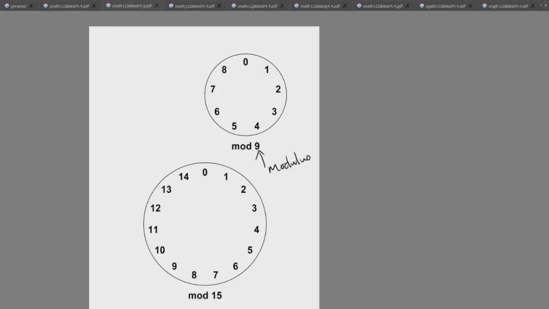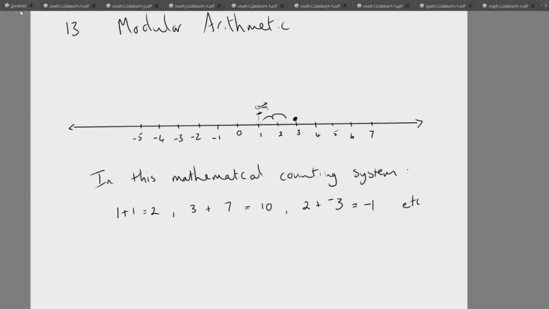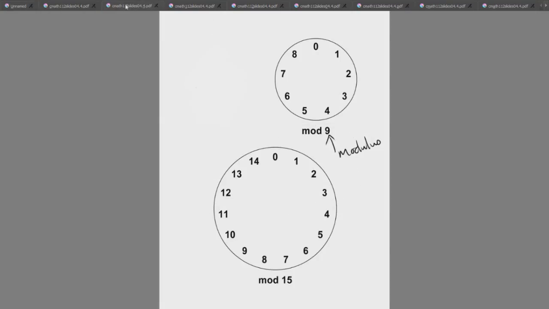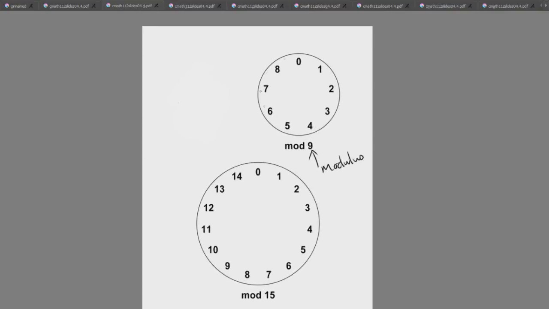So there's no confusion what my counting system is, because if I'm not counting on a number line, I'm always going to say mod something, indicating the size of the circle I'm counting on is this size, for example, 9.